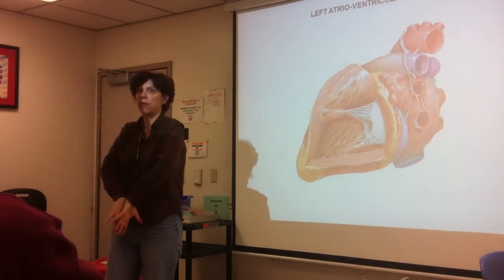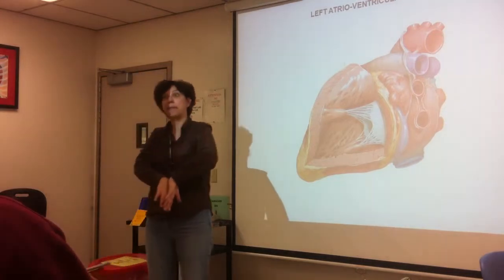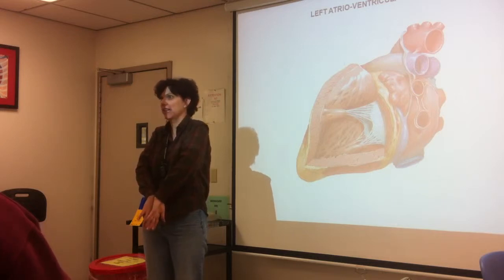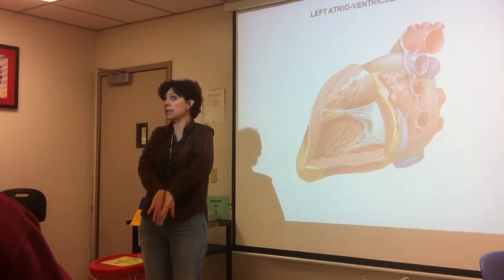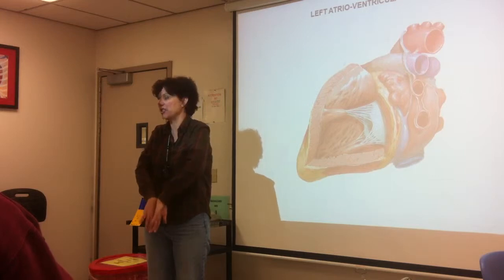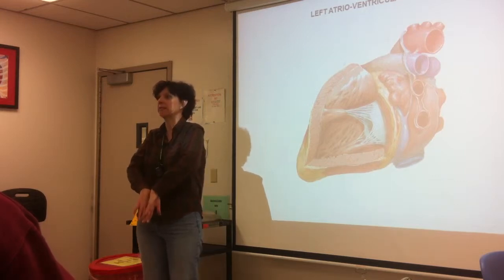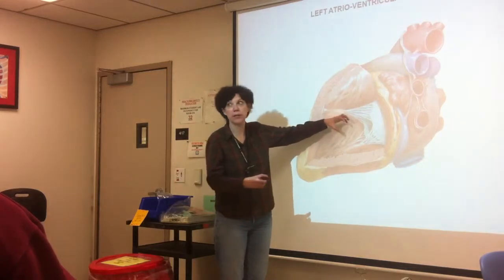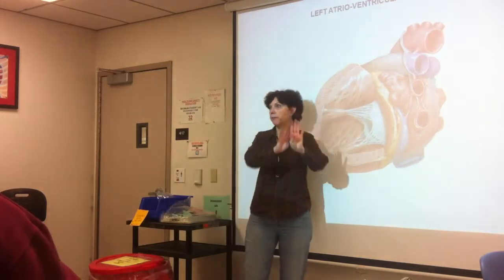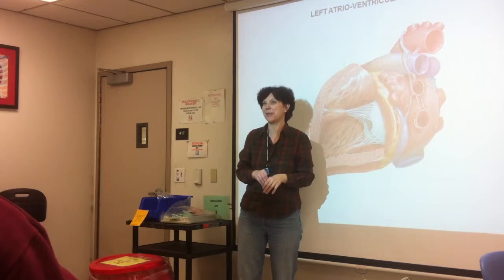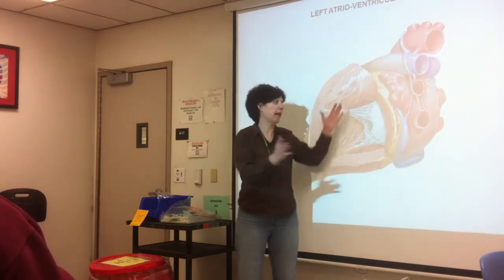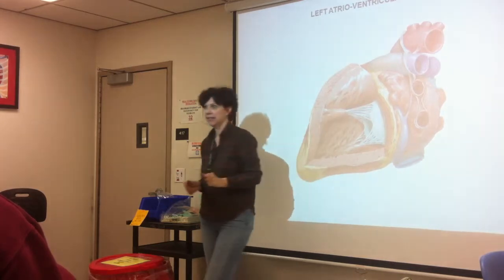So the purpose of the chordae tendineae and the papillary muscles is to keep the valves directed downward. The papillary muscles don't close the valve leaflets, they adjust the tension with the force of the muscle contraction. So these will pull on that as the pressure is increasing to keep the pressure from pushing the valves back up into the atria. But it's the rising blood pressure as the ventricles are contracting that actually closes the leaflets.